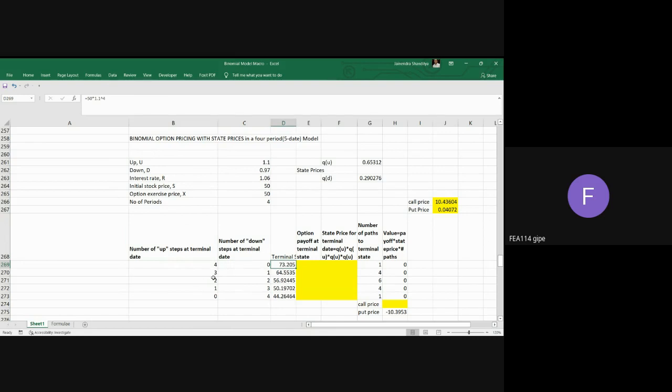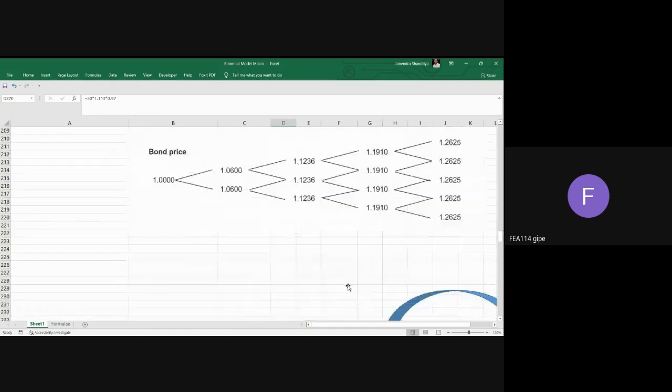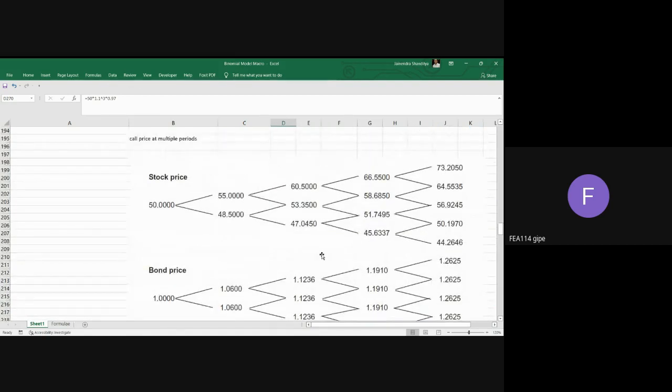Now, if a stock goes up 3 times continuously and then goes down once, the terminal stock price is 64.55, which is what you saw. Let me show you once again. So this is what you saw. If it goes up and then finally goes down, or goes down once, then goes up and goes up, the price is the same.